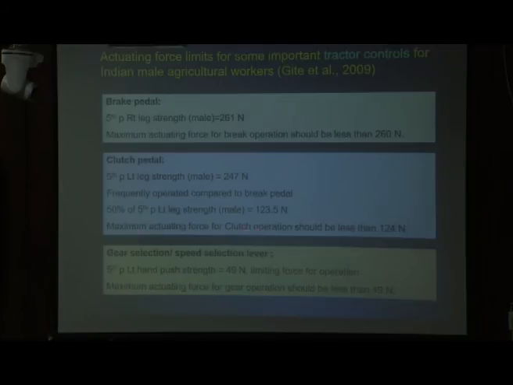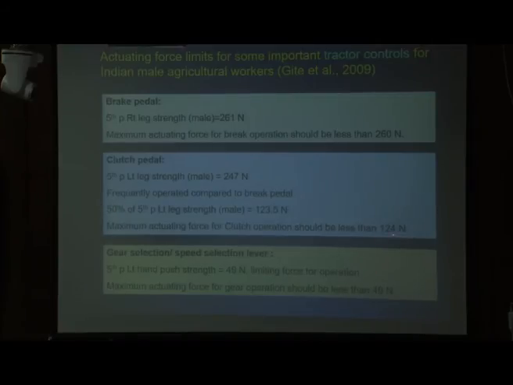So if clutch pedal operation force is 124 Newton, then obviously all other persons, for whom we have already considered the 5th percentile, so 95% of the population can use that one. As it is frequently used, again we have reduced it by 50%.